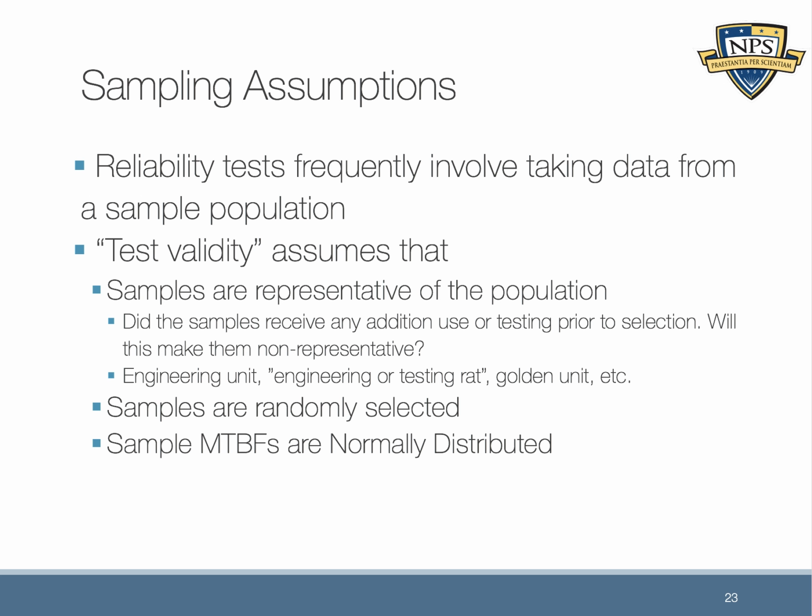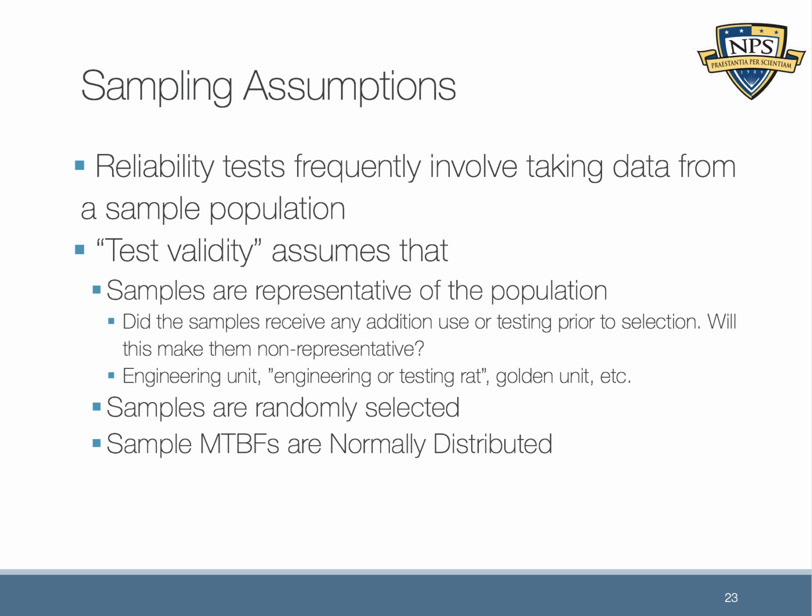So I will claim that in general, engineering units are not representative of the population. Well, they get beat up a lot, and they're not the specific configuration of the design. They get changed in a lot of ways. They get worn out. They're not very representative.